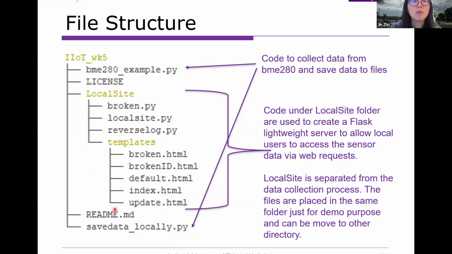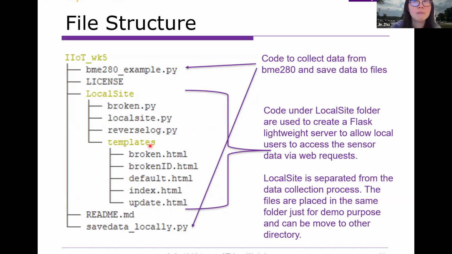Now, under this directory, we have one directory called local site. Everything in the local site is for Flask. The code in this one creates the server and allows the user to access the data via a web page. For our demo purposes, we just put it under the project, but it doesn't have to be.